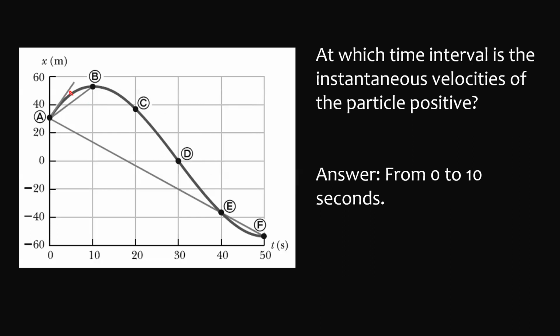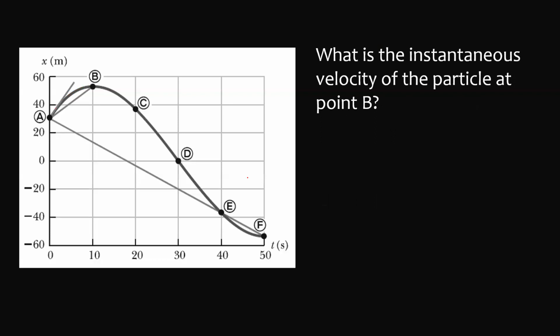So if you consider this particular portion of the graph and we draw a tangent line there, we'll see that that tangent line has a positive slope. And therefore, the instantaneous velocity at that particular position and particular time is positive. Here as well, you see that the slope is quite steep and quite positive.